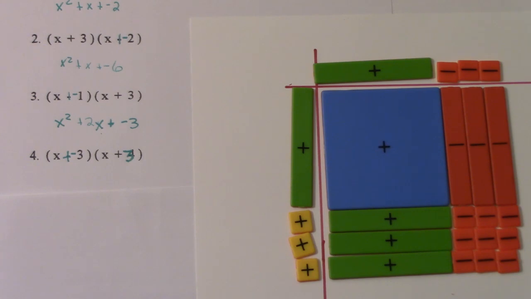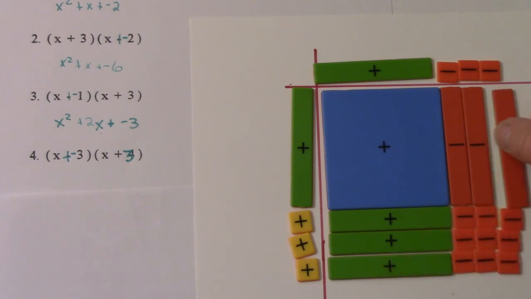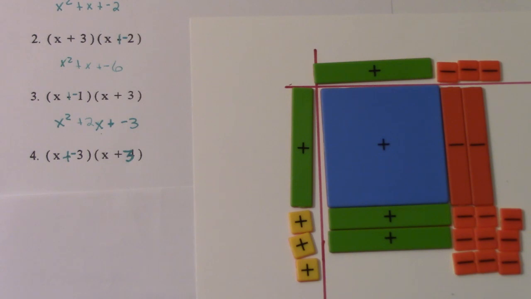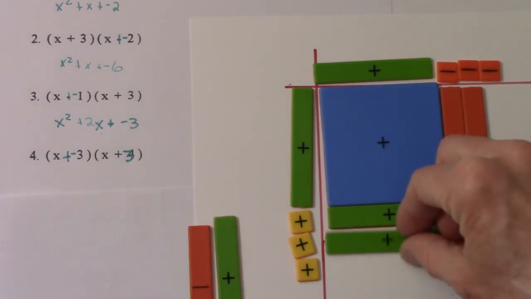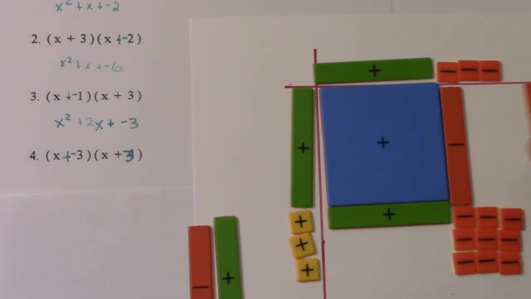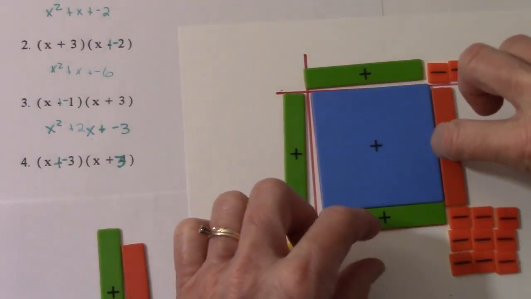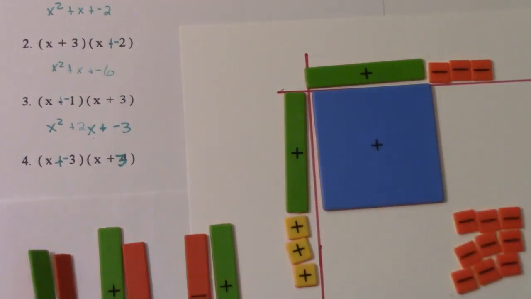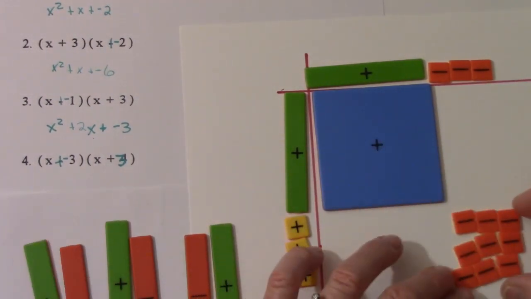And not only that, but when I go to simplify, I see I have a zero pair. And I have another zero pair. And I have another zero pair. So I don't have any x terms left.